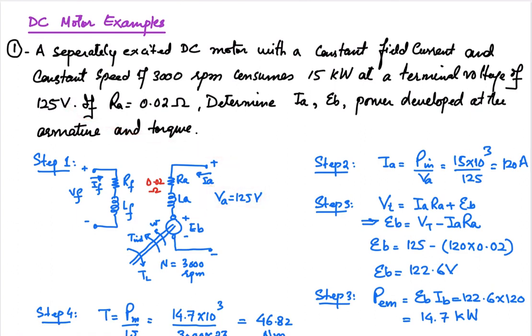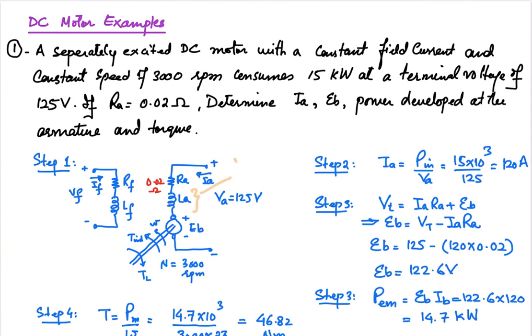So first of all, draw the circuit diagram and mark all the parameters which are given to you. The armature resistance is 0.02 ohm, marked over here. You can see this inductance, but we will not consider it in the analysis, because in DC the inductor works as a short circuit.